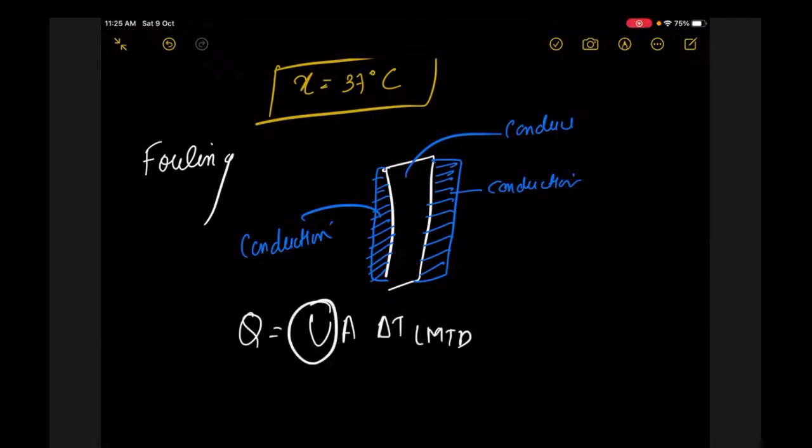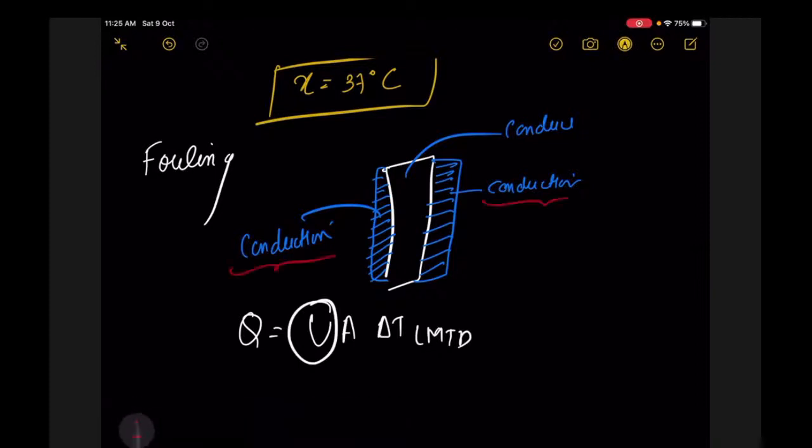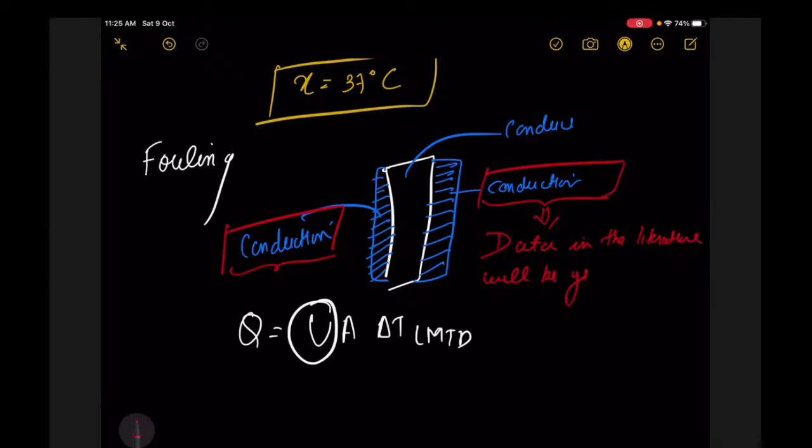So the scientists, although conduction is happening, as I told last time also, the data in the literature will be given in terms of convection, or better, heat transfer coefficient, overall heat transfer coefficient.